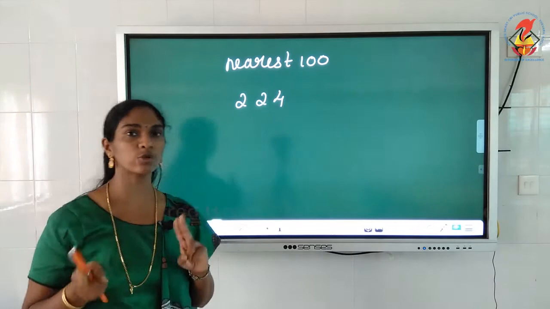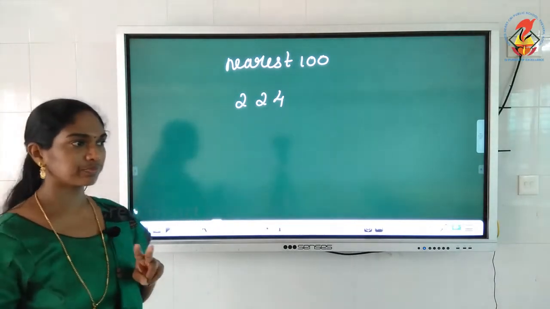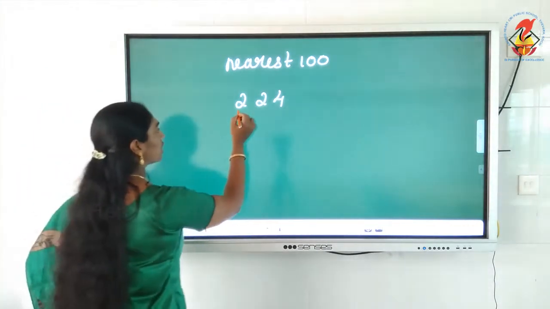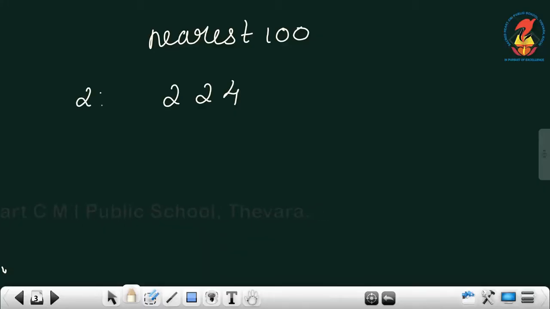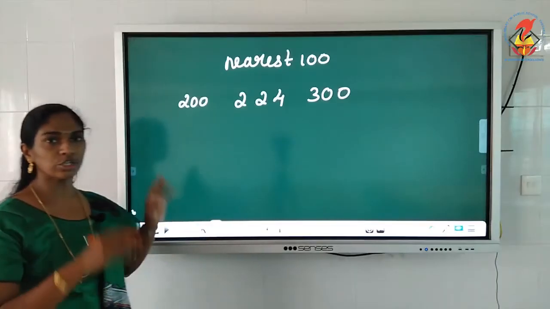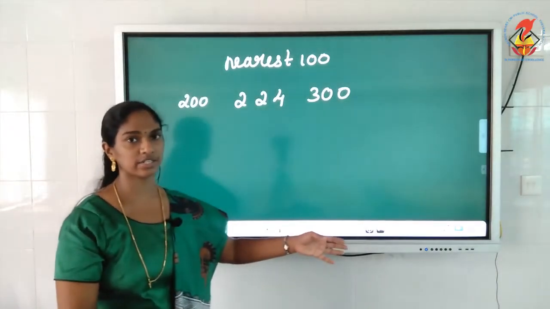Can you tell me which are those two numbers? It's very easy, I'll tell you, children. You take this first digit, it is 2. So the first number is 200. Keep that in mind. After 200, what is the next 100? 300. So 224 comes between 200 and 300.